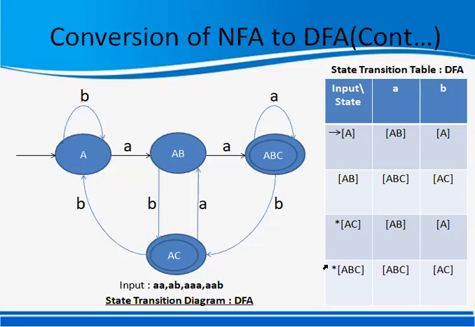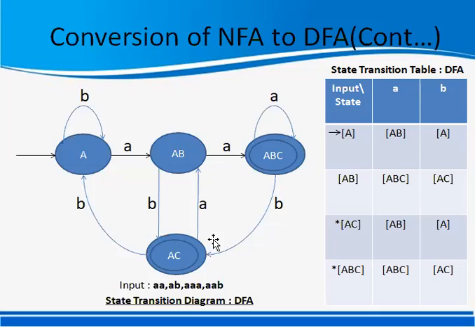From state ABC on input small a, the next state will be ABC. Now on input small b, from state ABC the next state will be AC.